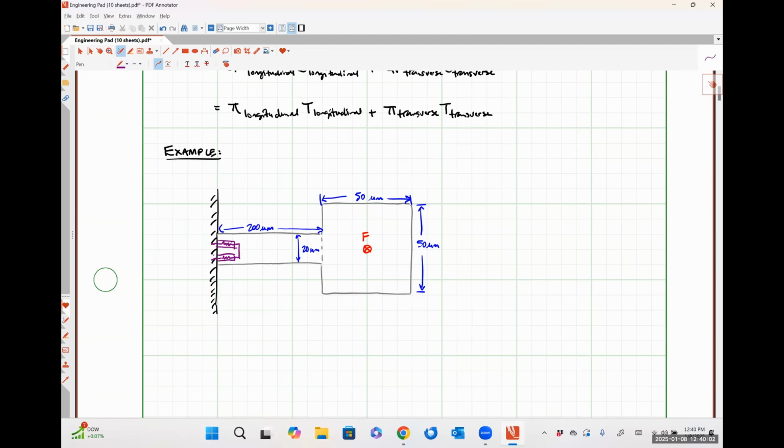Okay. So before we actually get into any of the math here, why do you guys think that the piezo resistors are located effectively at the anchor point or very close to the anchor point on this cantilever beam? So when we talked about stress and strain for cantilever beams, where was the maximum amount of stress?